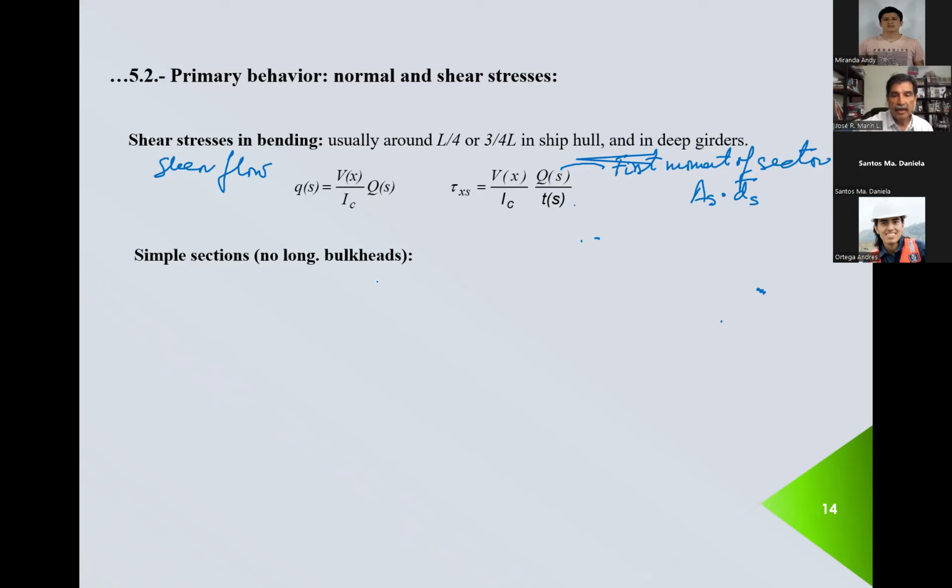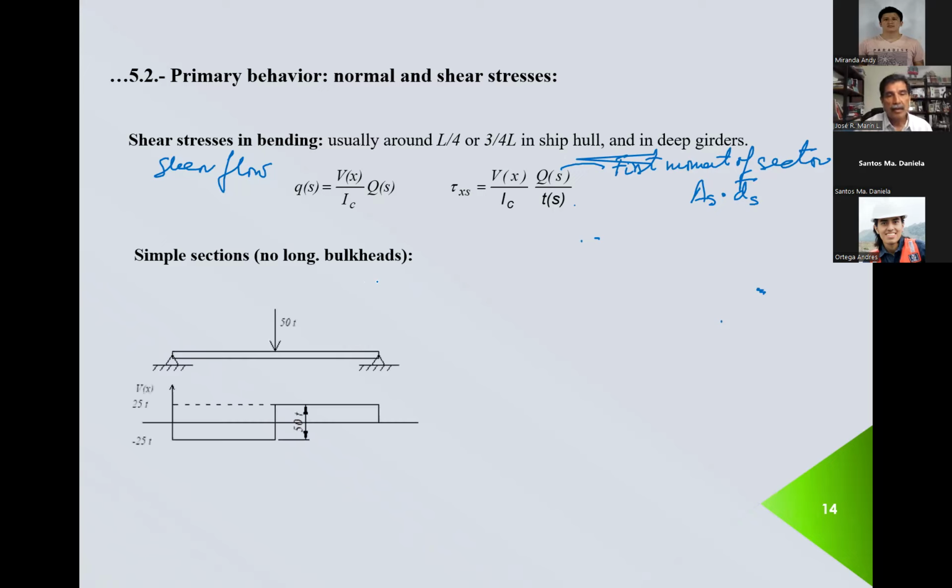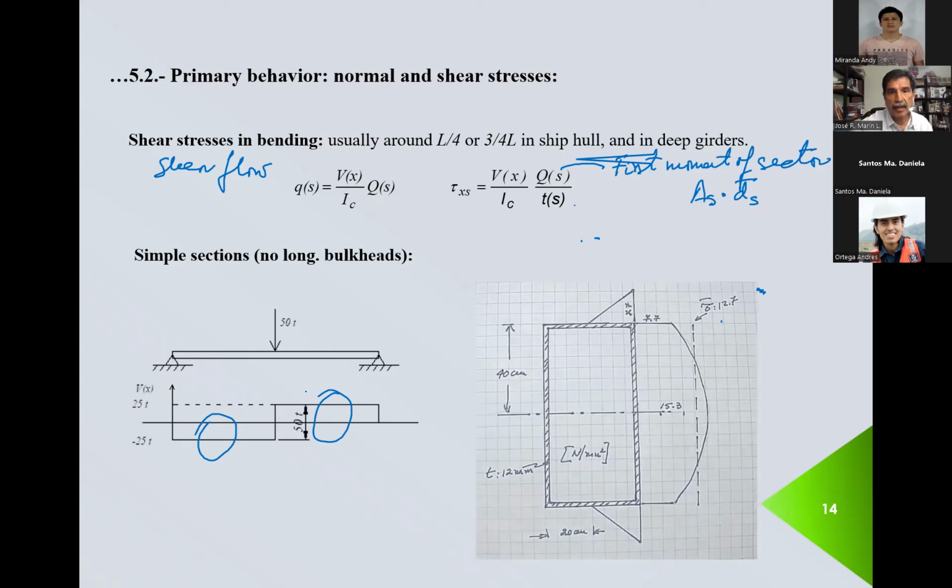Now, in the case of simple sections, I'm going to just pass by. This example is in your class notes. You have to review them. For example, this is a simply supported beam with a concentrated force. And you see that about here and about here, we have the largest shear force. And we have to worry about shear stresses in those two areas, okay?